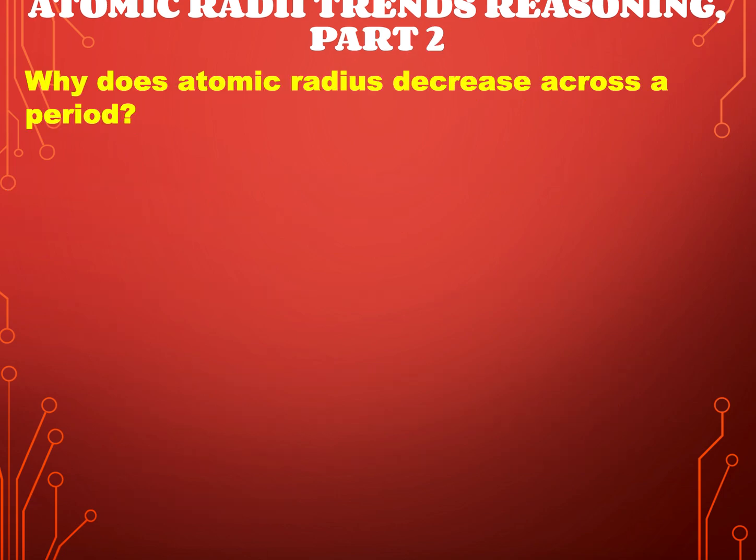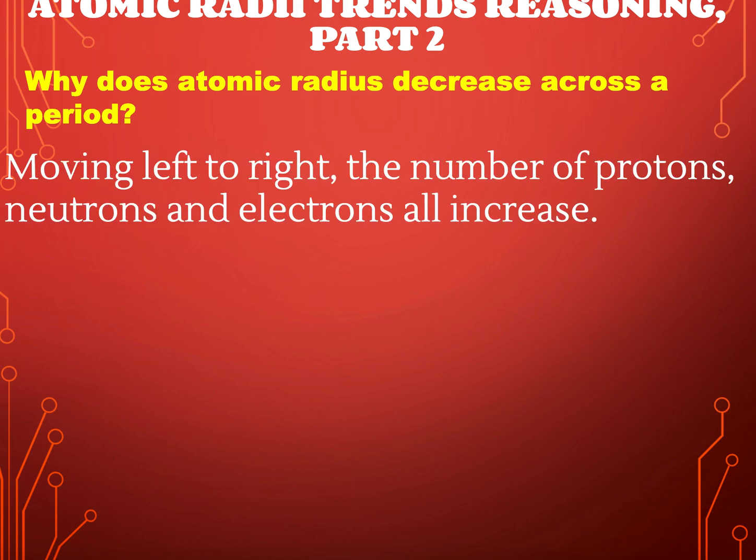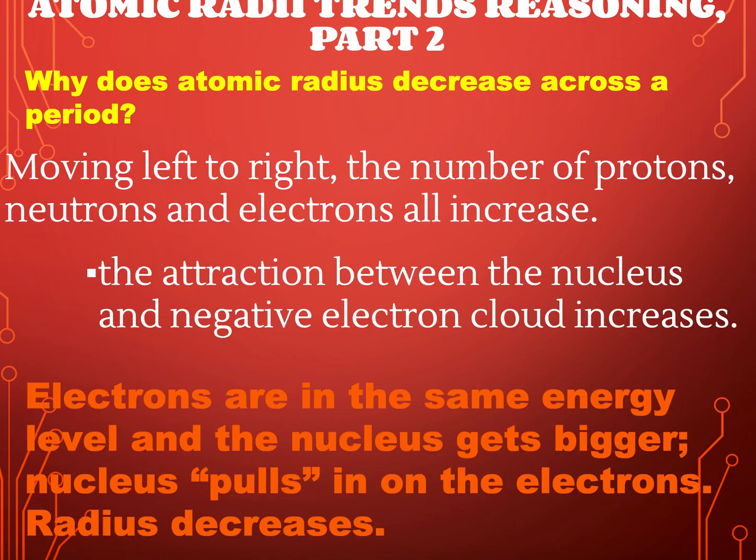But as we go across, why do they get smaller? Well, it's because we're not adding rings. And what happens as we go across is the magnetic attraction between the positive nucleus, because the only things in the nucleus are protons and protons are positive, neutrons are neutral, and the negative electrons, opposites attract.